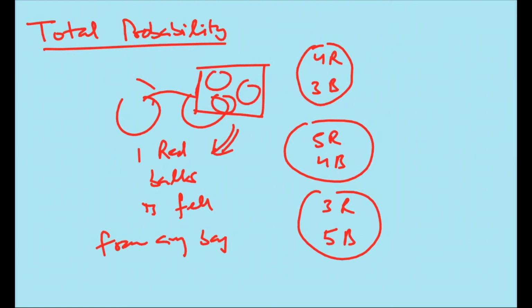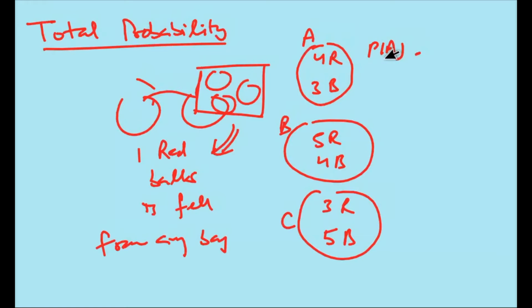The meaning of total probability is that the red ball may be coming from this bag, or from this bag, or from this bag. Okay, let this bag be A, this bag be B and this bag be C. The probability of selection of this bag is P(A).